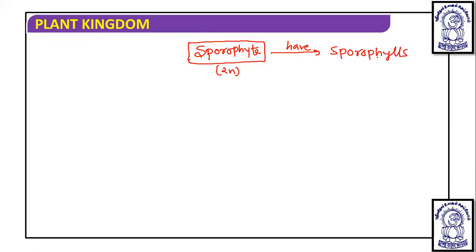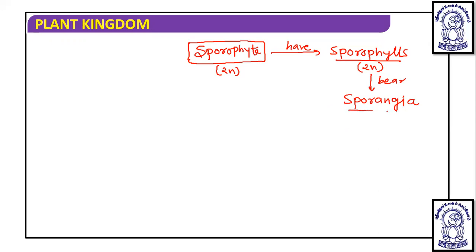If we talk about sporophylls, these sporophylls are the reproductive leaves and these are diploid. Sporophylls are known as sporophylls because they bear sporangia. Sporangia is the plural of sporangium, a spore producing body.